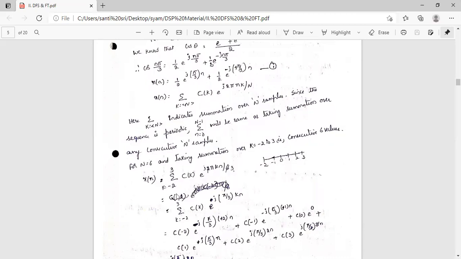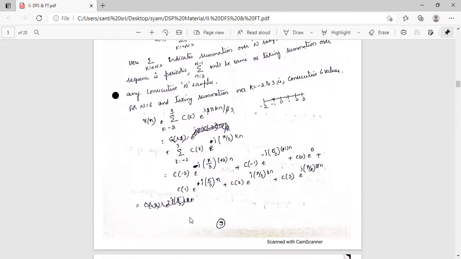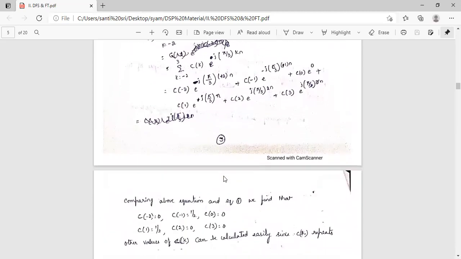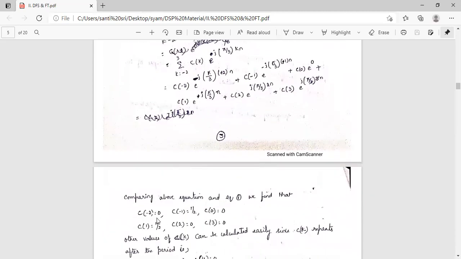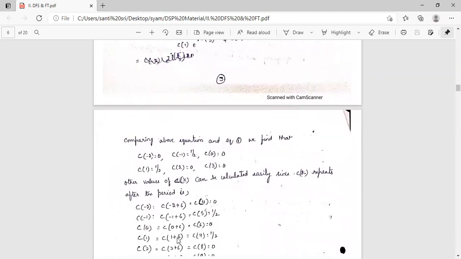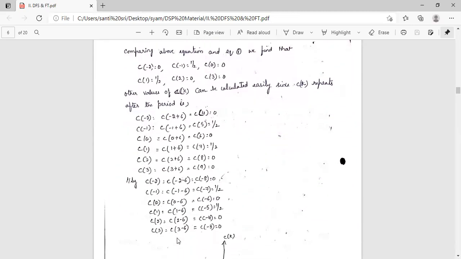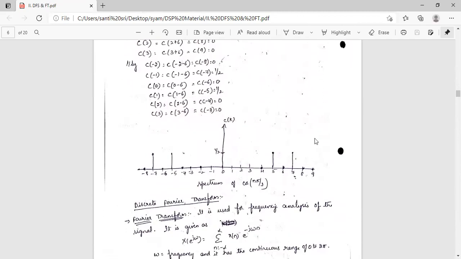By substituting the values from -2, we get c(-2), c(-1), c(0), c(1), c(2), and c(3). These are the values. By substituting these values in this expression, we will get these values. Similarly for the right side of the expression. So we'll get the plot of the spectrum of cos(nπ/3) like this.